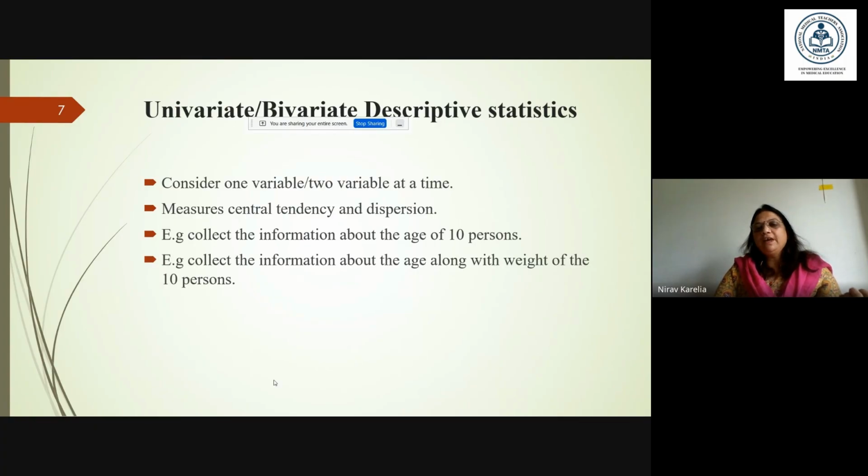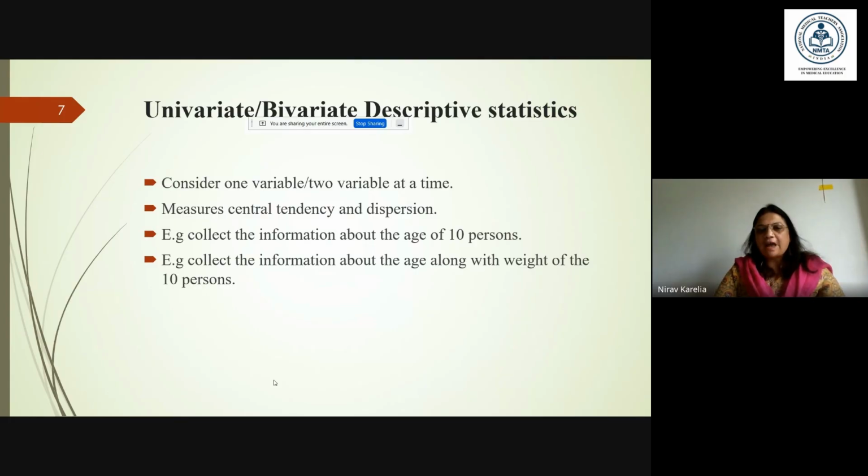Suppose along with age, I also consider weight per person. Age is one variable, and along with this I consider weight, my second variable. This is the example of bivariate. Here also I describe: mean age of the patients is this, standard deviation is this, mean weight of the 10 persons is this, and standard deviation is this.